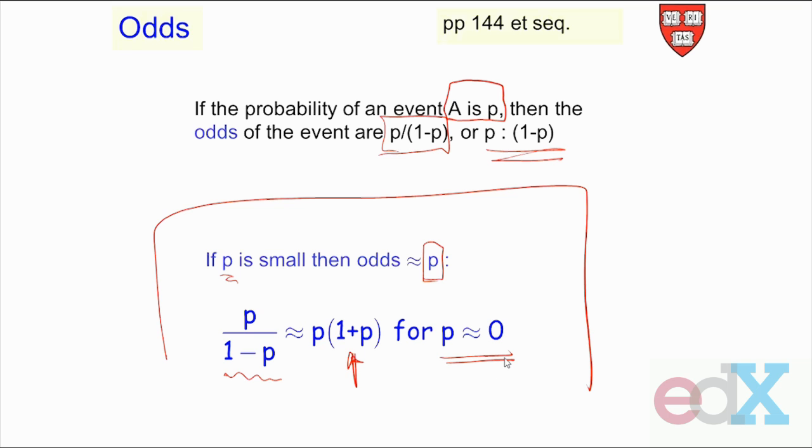So if P is approximately 0, then the odds, when P is small, are equal to the probability of the event. You'll see that in the literature.